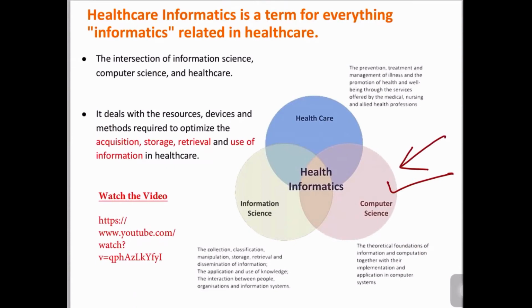There we have the theoretical foundations of information and computation together. We have software tools, technologies, and different protocols relating to computer science. Then the second circle is information science, where we learn techniques about the collection of data, classification of the data, how we can manipulate the data, and how we can clean the samples of the data.